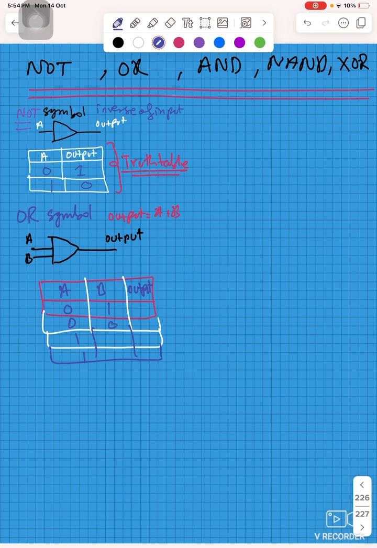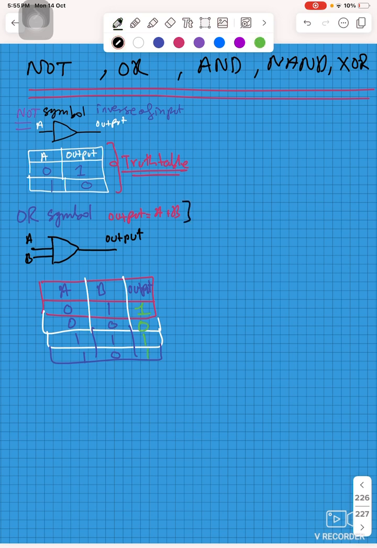If neither of them is 1, then the output is 0.